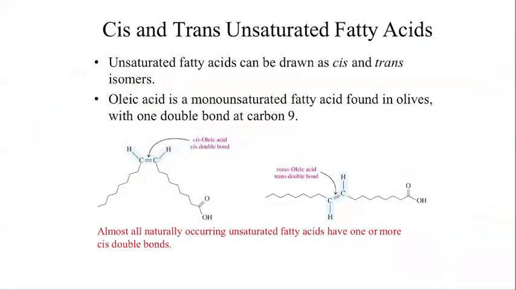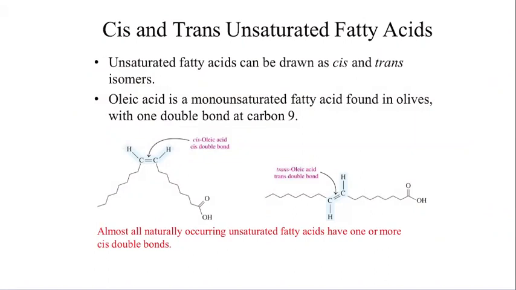Then let's look now at specifically the structure of these unsaturated fatty acids more closely. Understand that when it comes to unsaturated fatty acids, they can be written in cis and trans configurations.